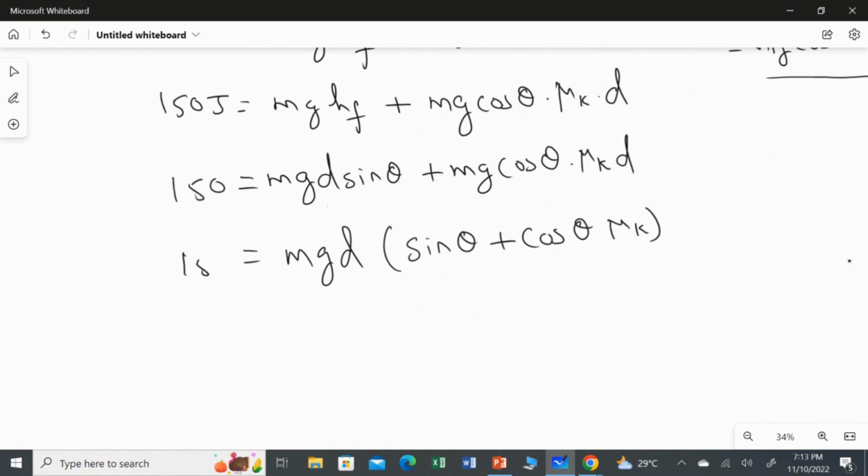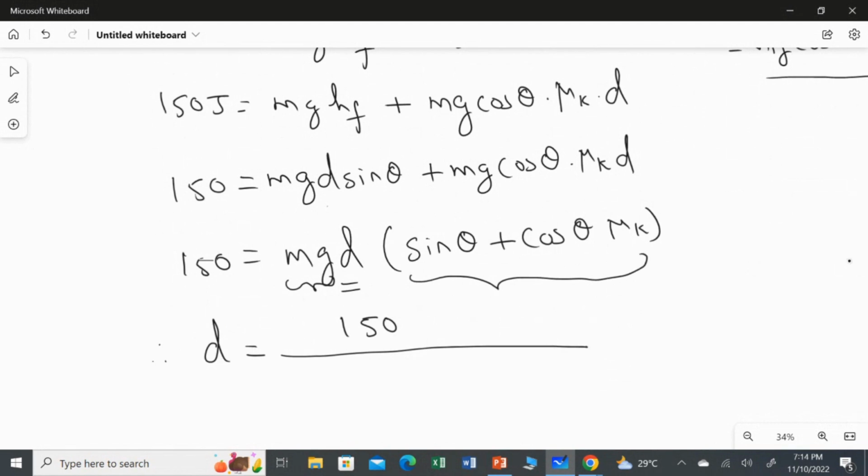On the left hand side we have 150 joules, and I have to rearrange this equation in terms of d. Therefore d is equal to 150 divided by mg, as well as this term will come to the denominator, am I right? So mg multiplied by sine theta plus cosine theta multiplied by mu k.